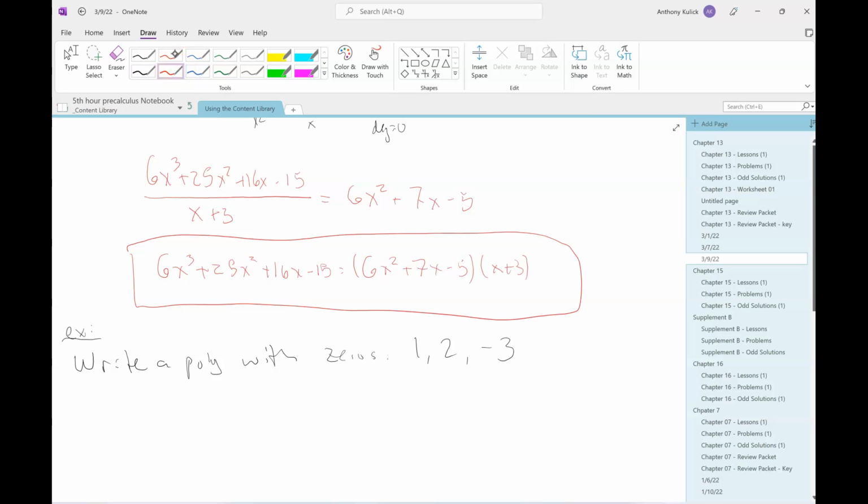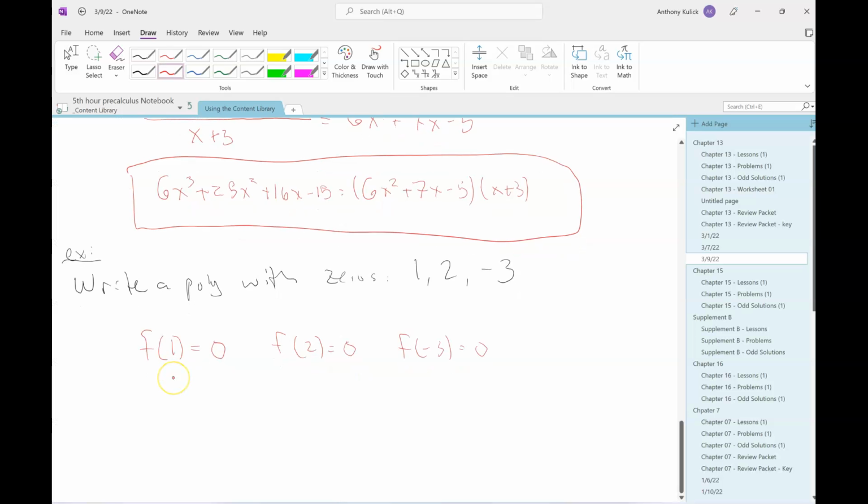Since I know that these are zeros, I know that when I plug those into some function f of x, those should give me 0. Correct?